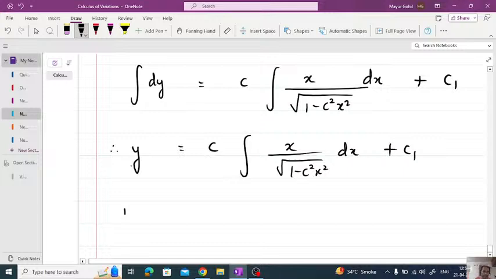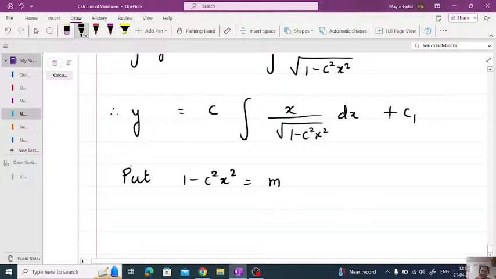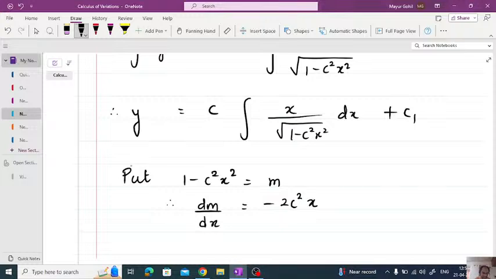I'll put 1 minus c square x square equal to, let's say, m. The moment you put m, what will happen here to the derivative? Therefore, dm by dx, when you calculate, it is going to be minus 2c square x.